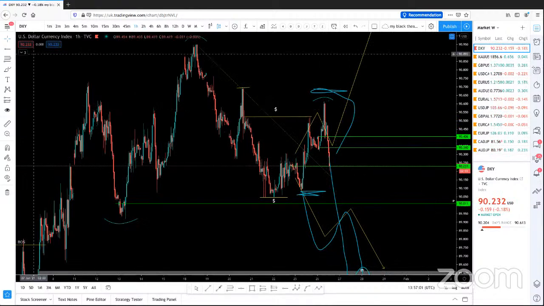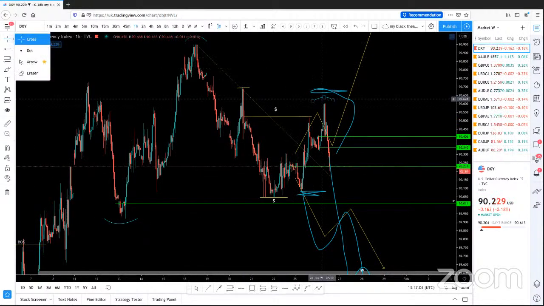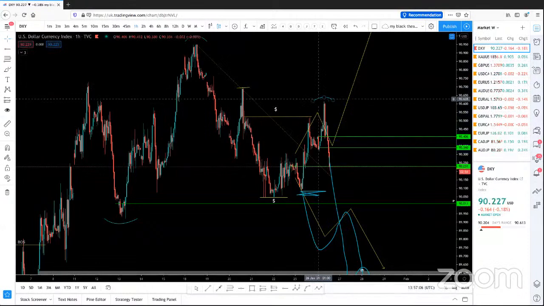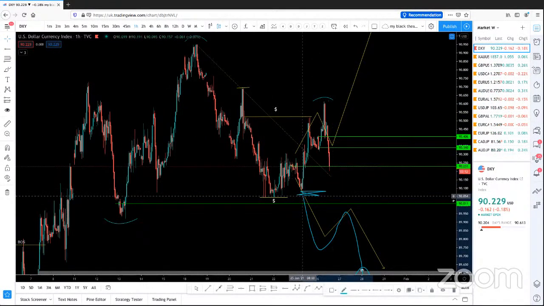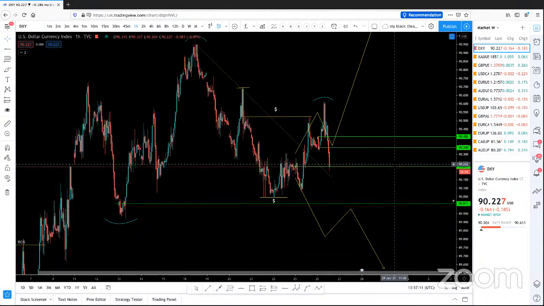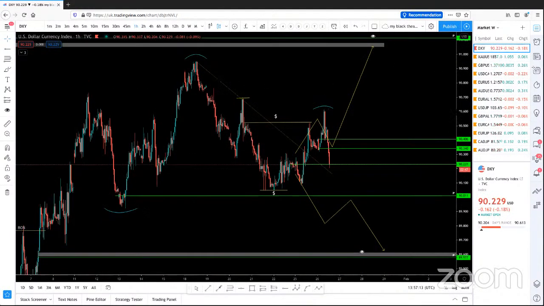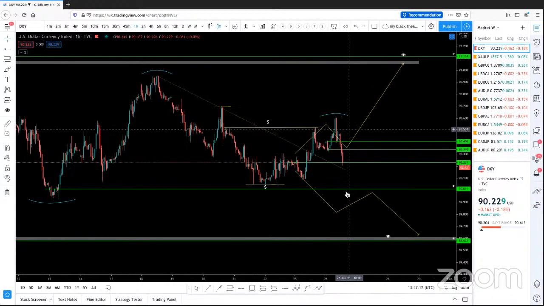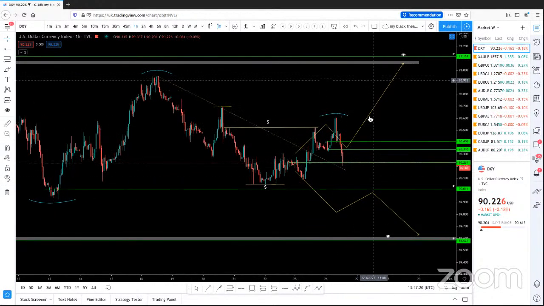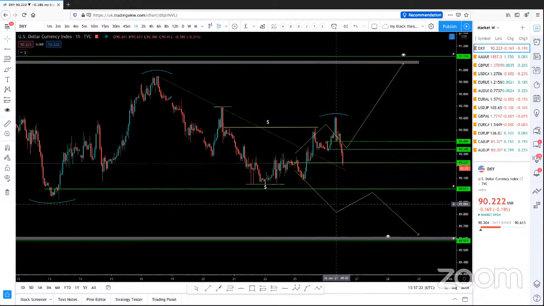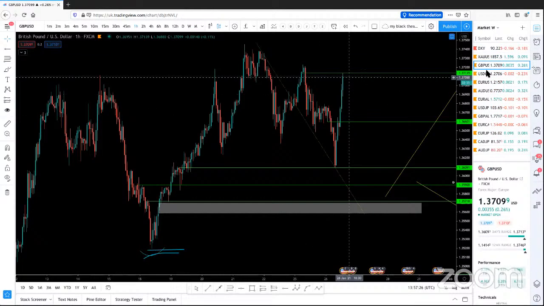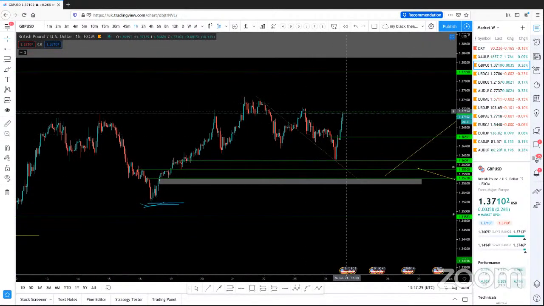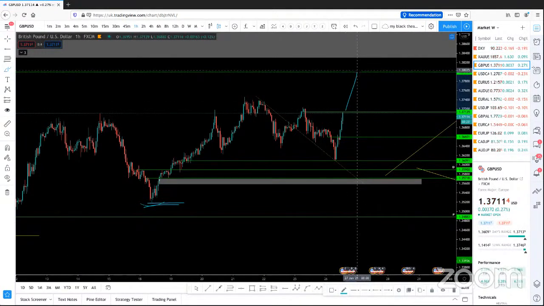It looks like DXY is struggling to run higher. It wants to run lower. Then the possible scenario is that it gives us a reaction, and possibly GBP/USD could run higher.